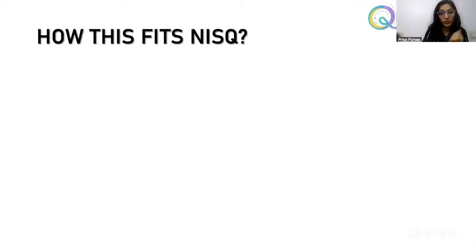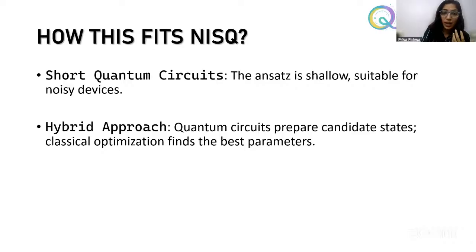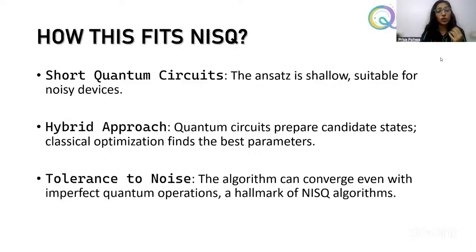Now, how does this fit into NISQ, noisy intermediate-scale quantum? Basically, this ansatz is shallow, so it's suitable for noisy devices because it has less circuit depth. Then there's the hybrid approach, which prepares its candidate state for classical optimization to find the best parameters to work upon. And there is tolerance to noise.